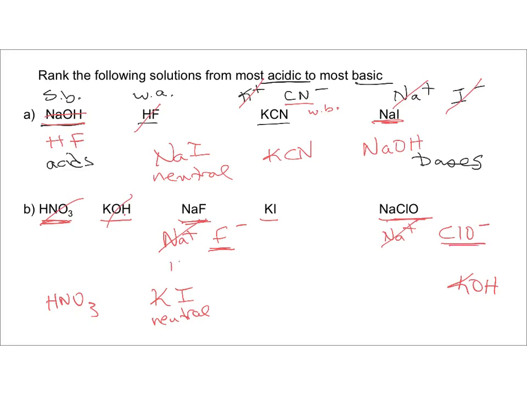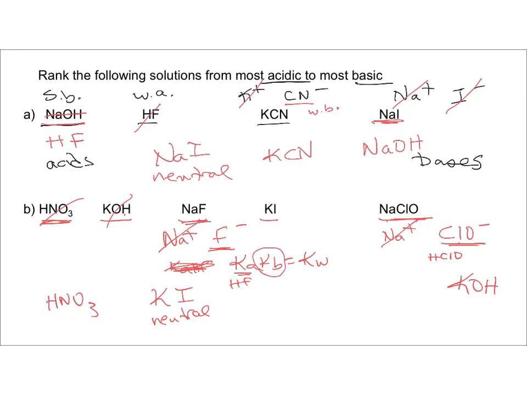So Ka for HF. And remember, with these guys, we know that Ka times Kb is equal to Kw. So if we compare the Kas for these two conjugate acids, in this case HF and HClO, we should be able to figure out which is going to be the strongest base.